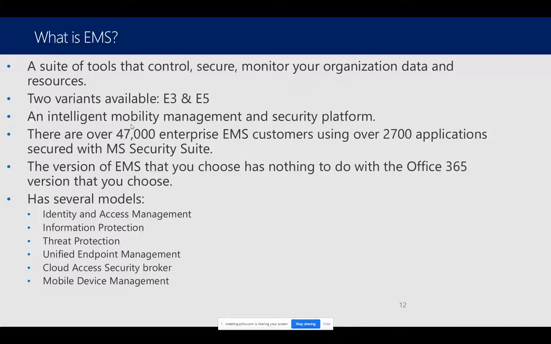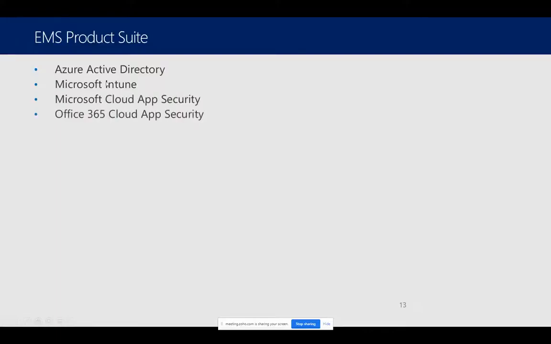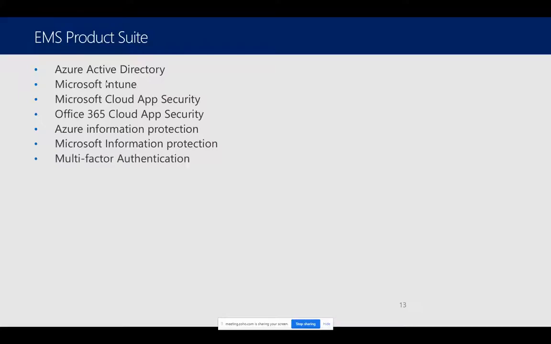So practically speaking, your enterprise mobility and security brings together each of those elements that a customer would want to think of implementing in their environment. May that be your directory services, Intune, cloud application security, information protection, information rights management.